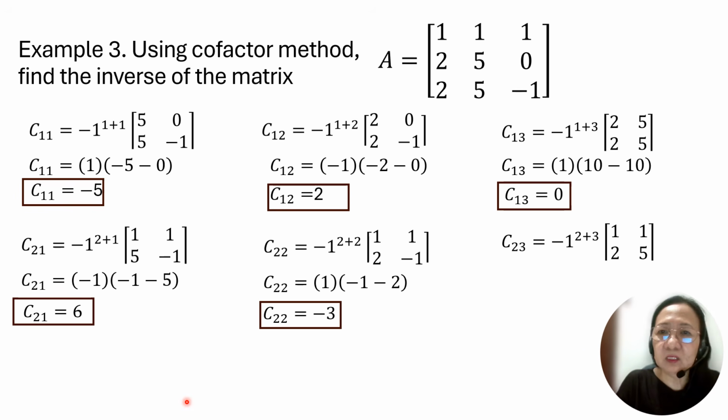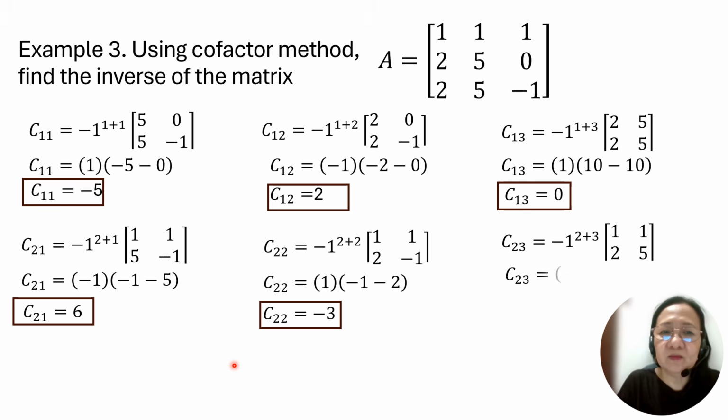Then C sub 23, that is represented by 0. So we have to slash the second row and the third column. So the remaining matrix is 1, 1, 2, 5. The sign is negative 1 raised to 2 plus 3, which is negative 1 raised to 5, and 5 is an odd number.